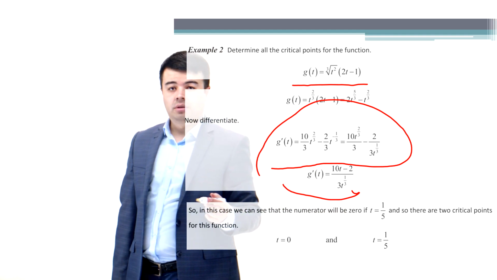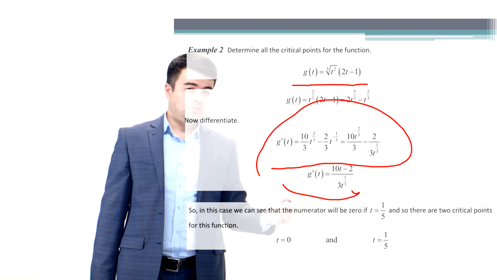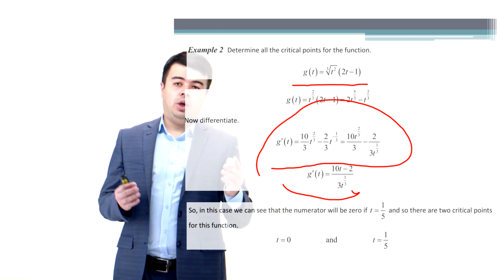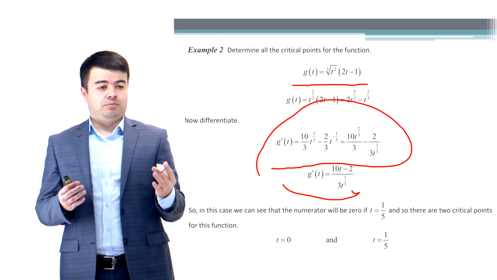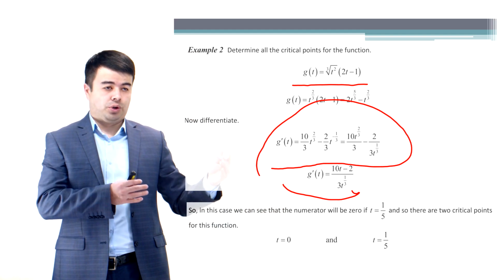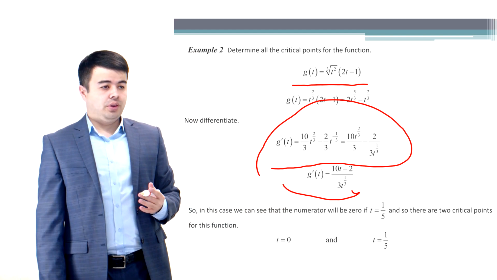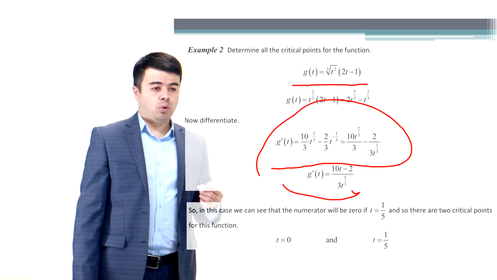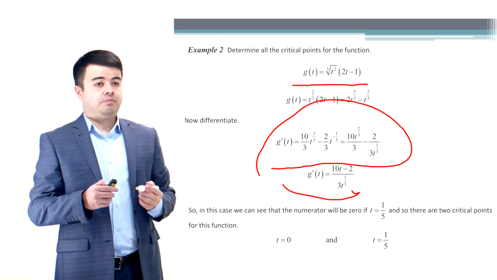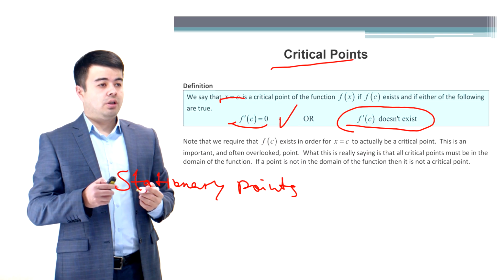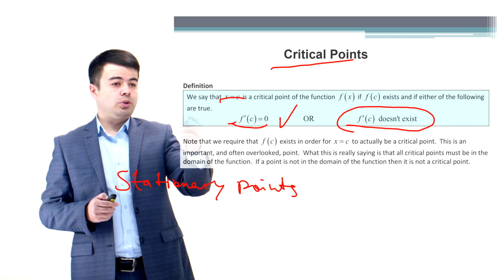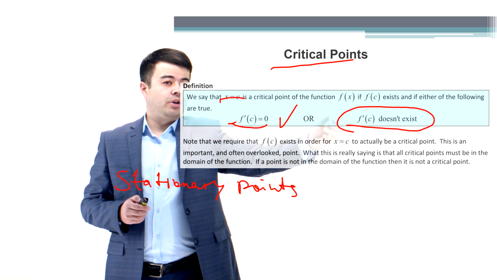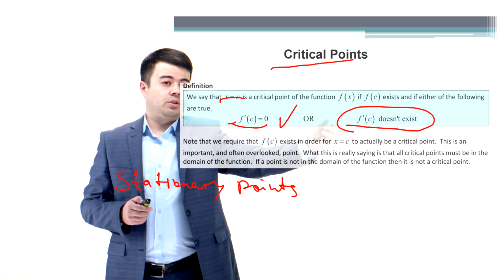Now again, to find critical points using our first definition, we equate to 0 and find all zeros of this equation. So in this case, what kind of zeros do we have? There was a condition that f prime equals 0, and this is satisfied, or f prime does not exist.